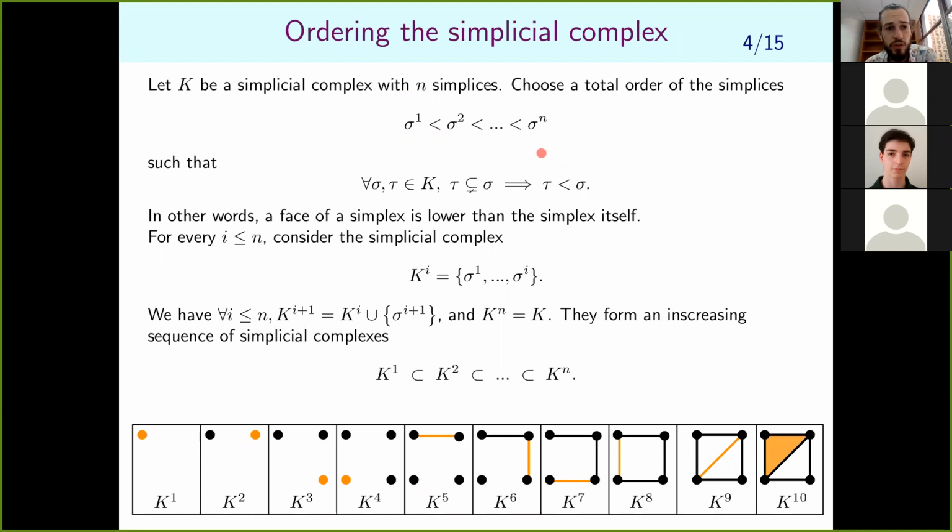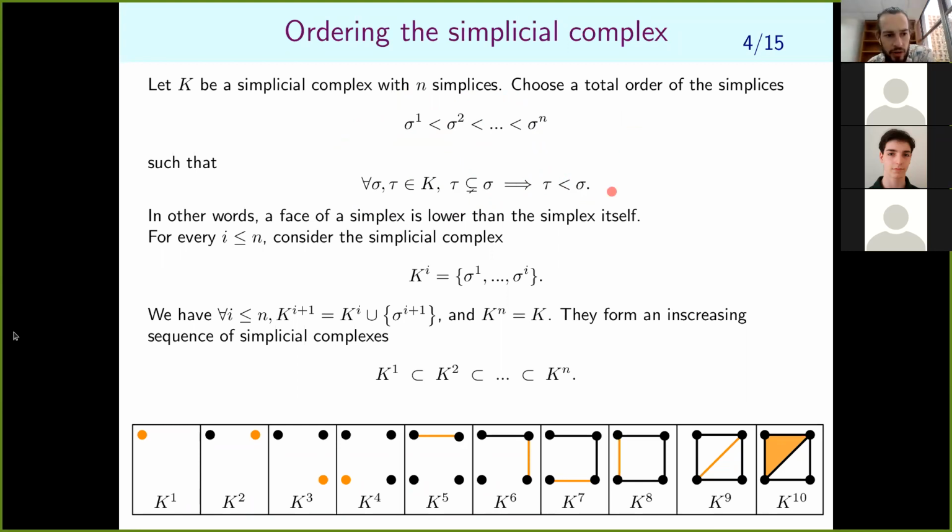And what I ask for this ordering is that if you have a face of a simplex, then this face should appear before the simplex itself. So it is an increasing sequence of simplices. Okay, there are many ways of ordering such simplices.